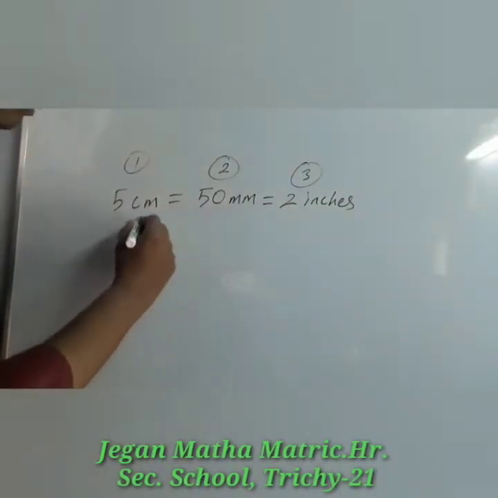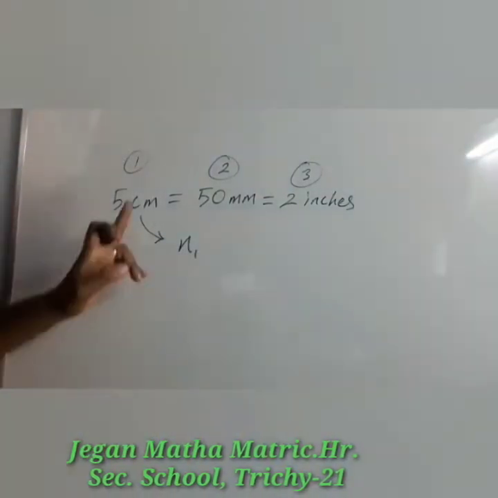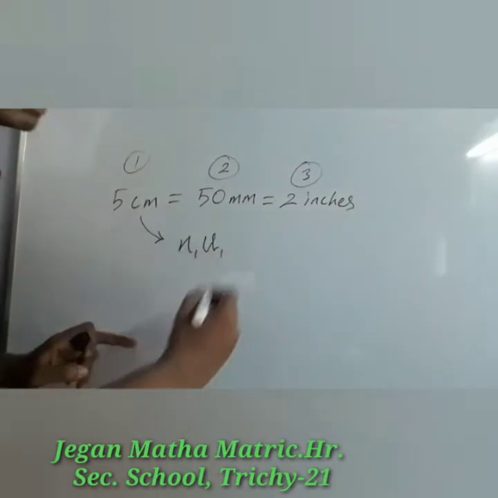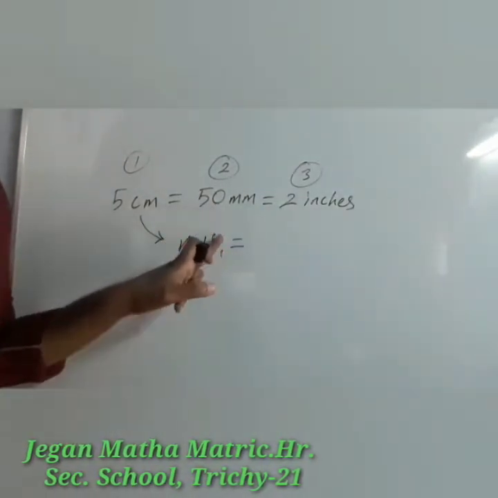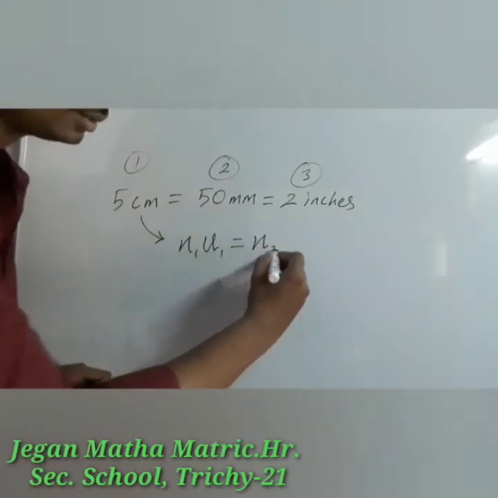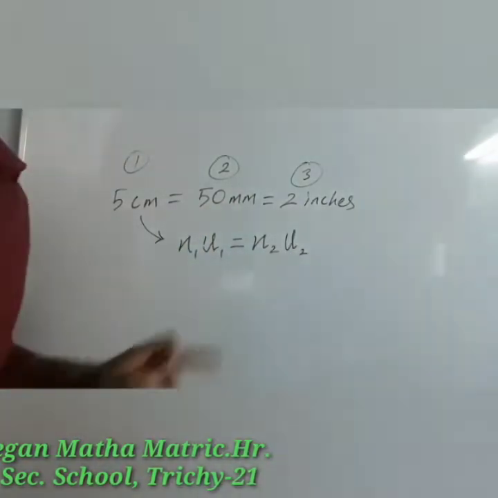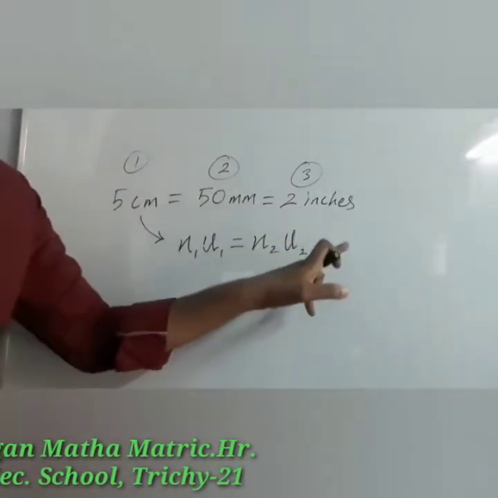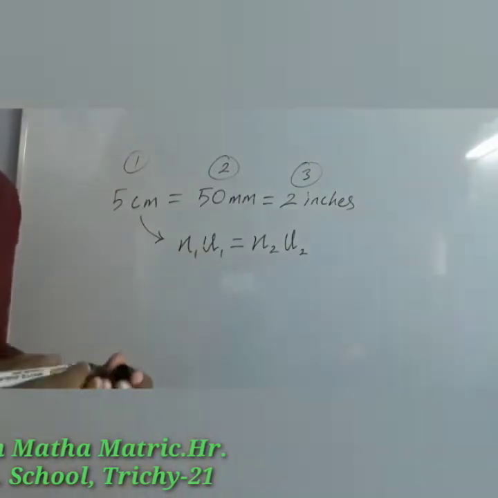The numerical value in the first system of unit is N1, and the unit, let us take that as U1. That is equal to the numerical value in the second system of unit N2 and the unit in the second system, U2. Likewise, you can write that it is equal to N3 U3. So up to the second system we can take.